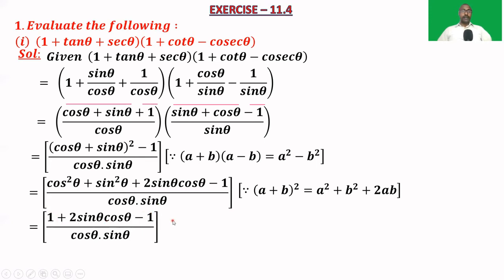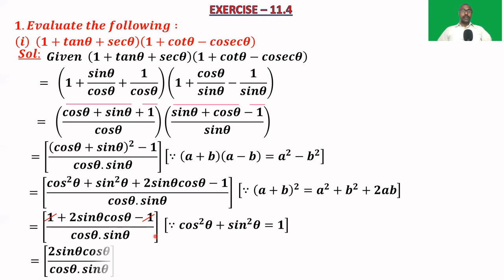So cancelling these two terms, we remain with 2 sin theta cos theta by cos theta into sin theta. So in numerator and denominator, we have sin theta and cos theta. So by cancelling, we get 2. So the simplified form of the given trigonometric expression is 2.